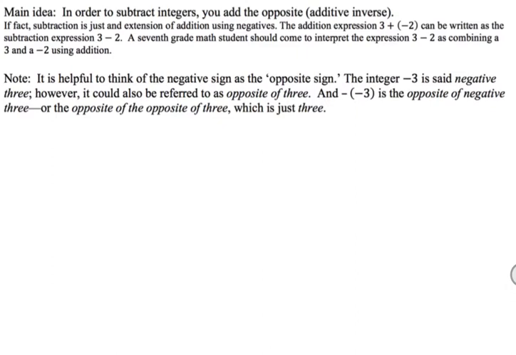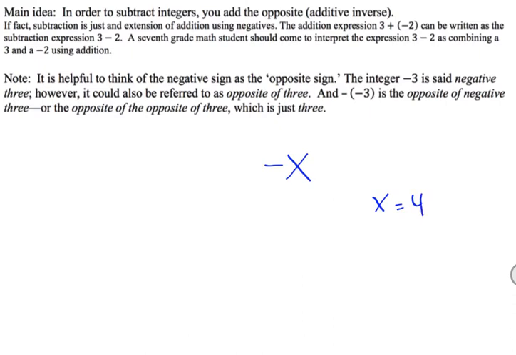The integer -3 is said "negative 3." However, it could be referred to as the opposite of 3. And the opposite of -3, or the opposite of the opposite of 3, is just 3. In fact, knowing it as the opposite helps, because if you see something like -x, it's actually better to think of it as the opposite of x.